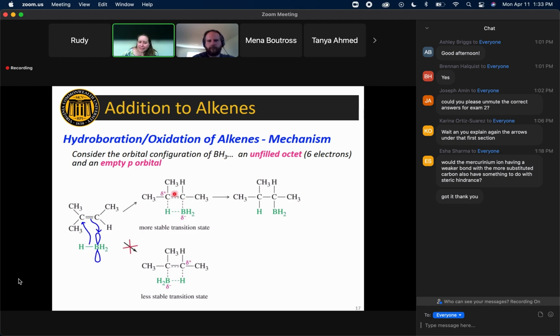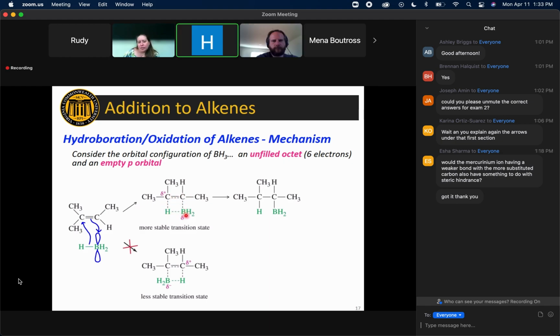However, it does have some buildup of charge density in different states at different places. And so the boron ends up keeping more of a delta positive charge, right? Meaning that this carbon-boron bond is more made than this boron-hydrogen bond is broken. This pi bond is more broken and this CH bond is less made.